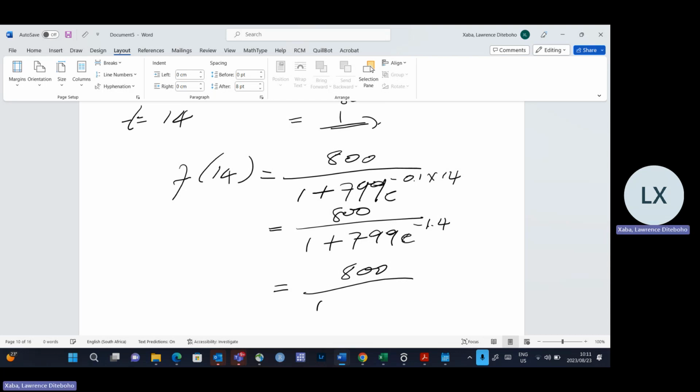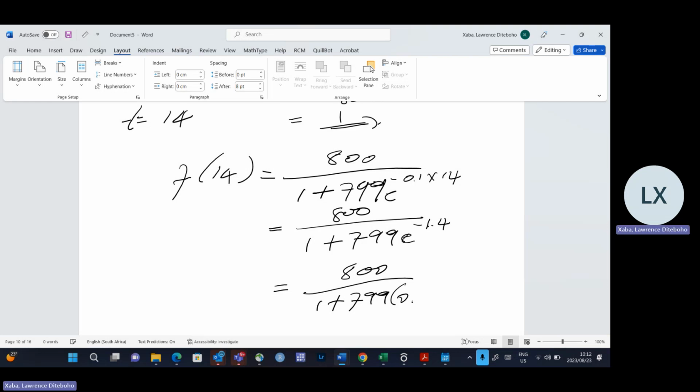Let's see. We have, let's say, 1 plus 799 times e to the power negative 1.4, times 0.1 times 14, close bracket.